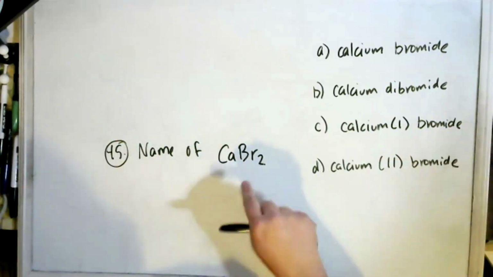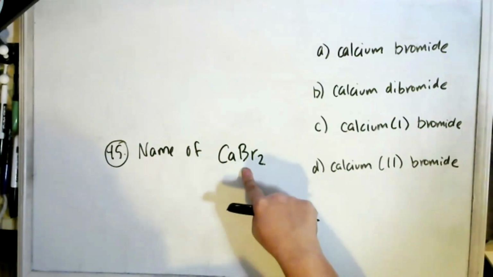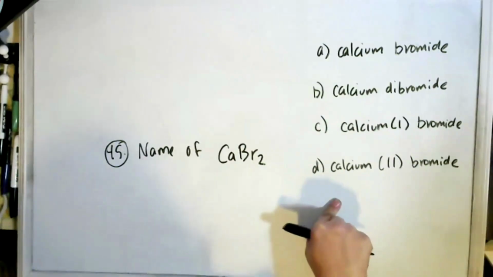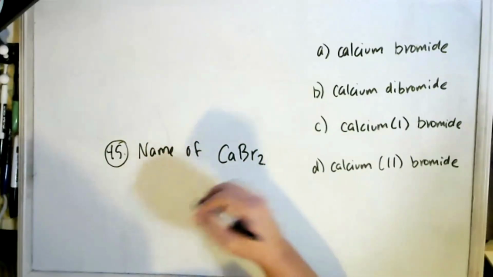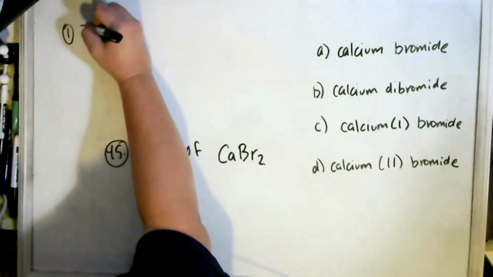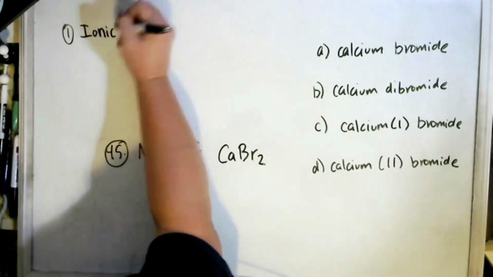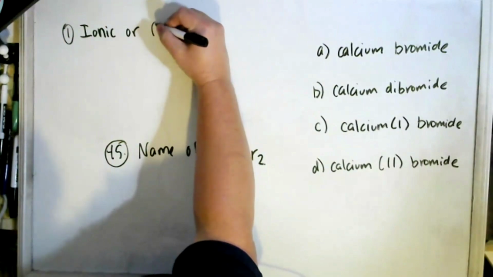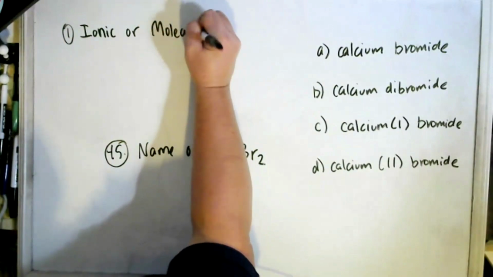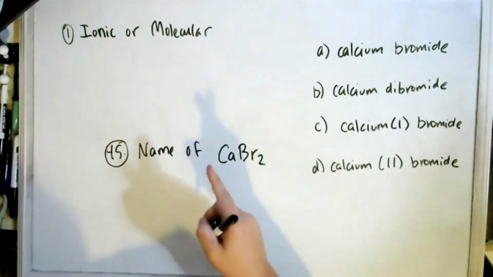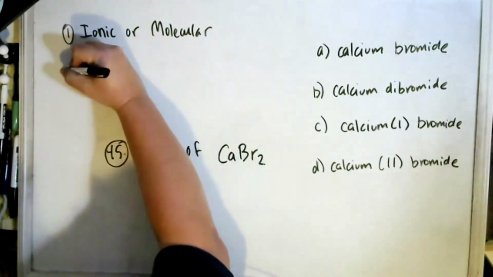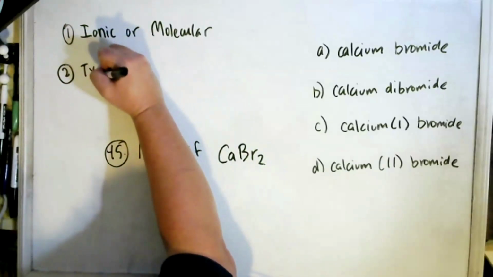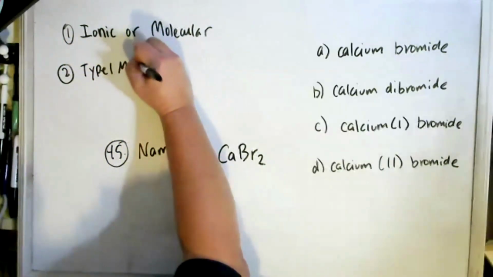All right. Knowing the type of compound that you are working with limits what your answer could possibly be. Okay. You have to recognize, one, is your compound ionic or covalent, molecular? You have to answer that question first. Then the second question you have to ask yourself when you're naming your compounds, do you have a type 1 metal or a type 2 metal?